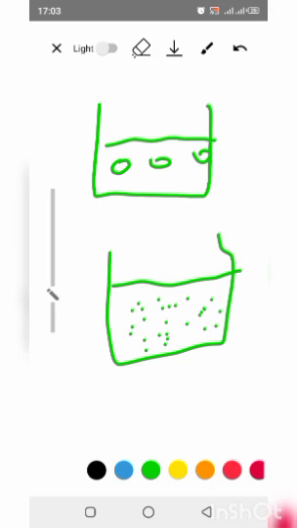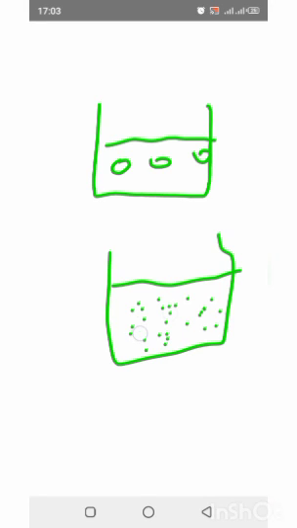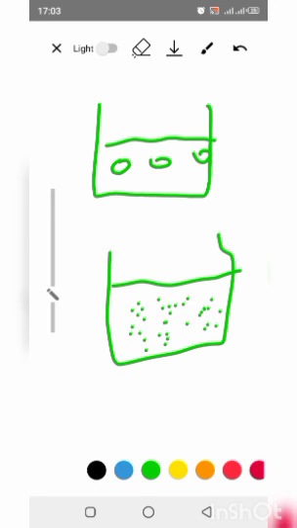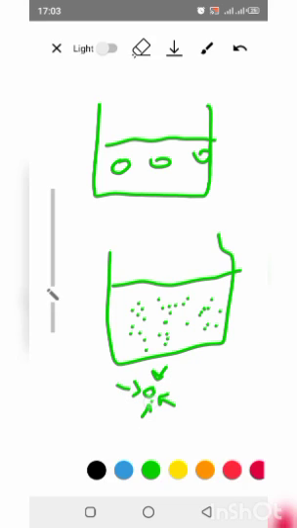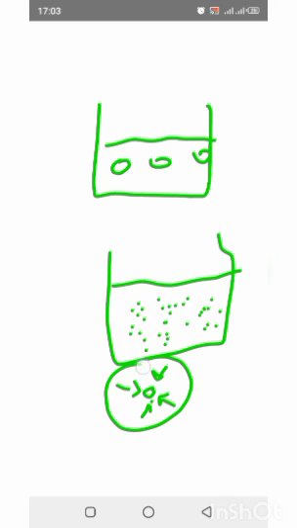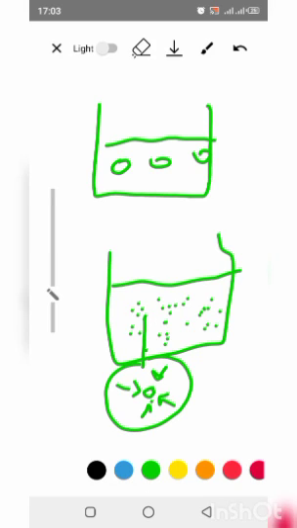If the smaller particles and the big blocks have the same mass, then they have the same number of particles in them. But the smaller ones are going to diffuse faster. Why? Because they have a larger exposed area for diffusion to occur than the big ones. Therefore, these are going to dissolve faster.